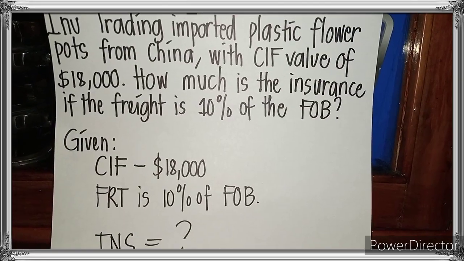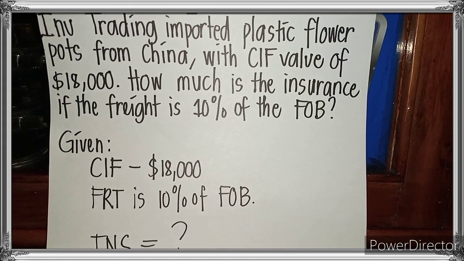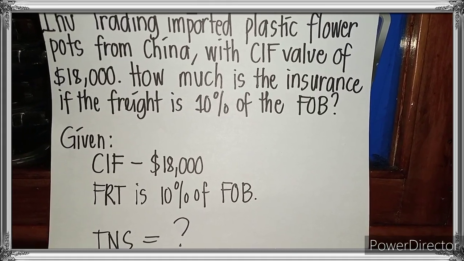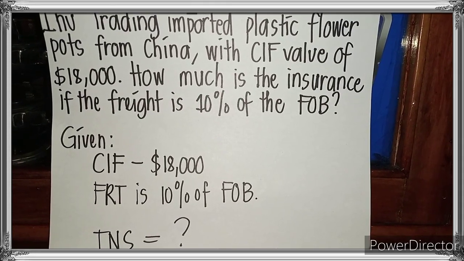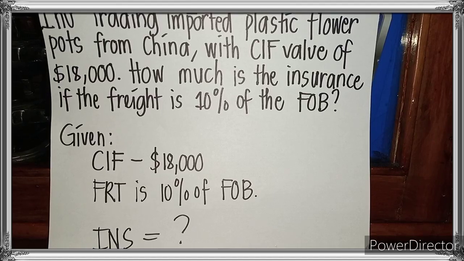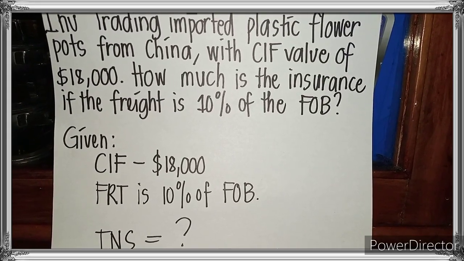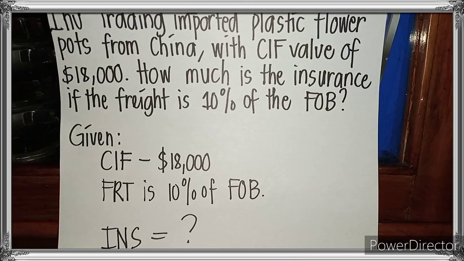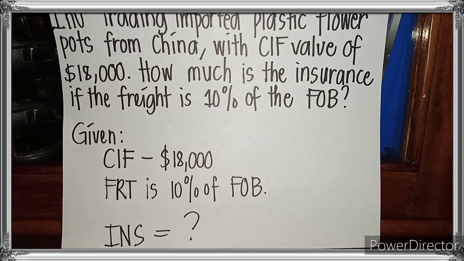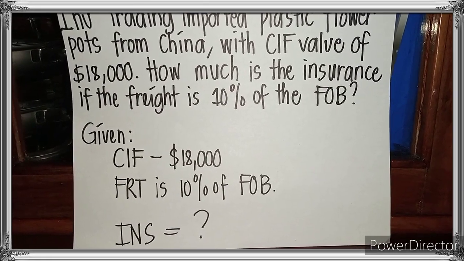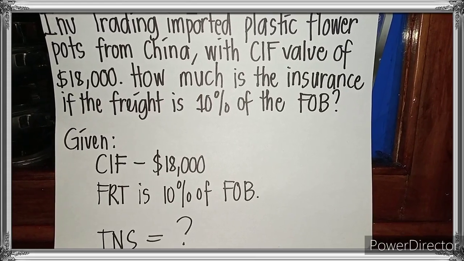Last problem is Inu Trading imported plastic flower pots from China with a CIF value of $18,000. How much is the insurance if the freight is 10% of the FOB? We have here the given information of $18,000 of CIF, and a freight of 10% of FOB.